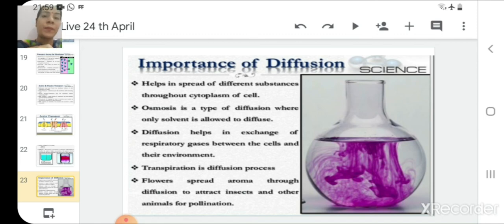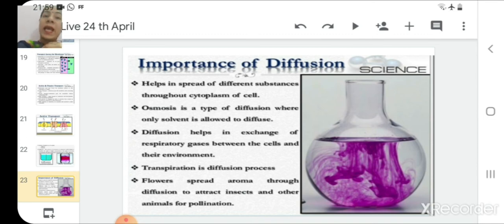In the same way, when deoxygenated blood comes, it is rich in CO2. That CO2 is generated as waste by each and every cell in your body. So blood carries that CO2 from the cells and comes to your lungs. At that time the deoxygenated blood is rich in CO2 concentration as compared to the air in your lungs.